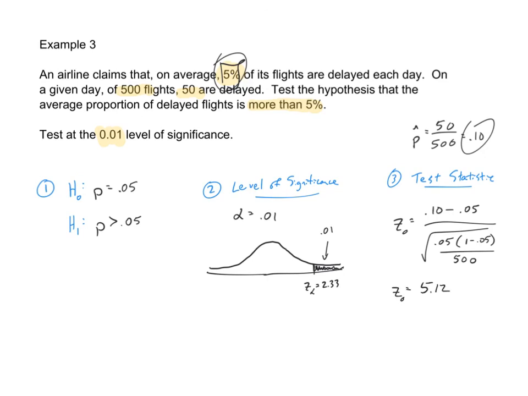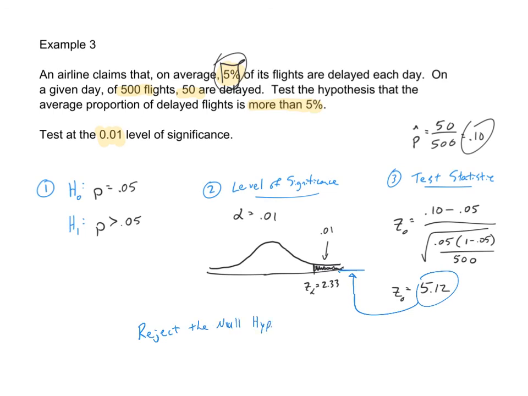So is that beyond the level of significance, the critical value? I think so. It's somewhere way over here to the right in my distribution. So because it's in that shaded area, we reject the null hypothesis. We super reject the null hypothesis.